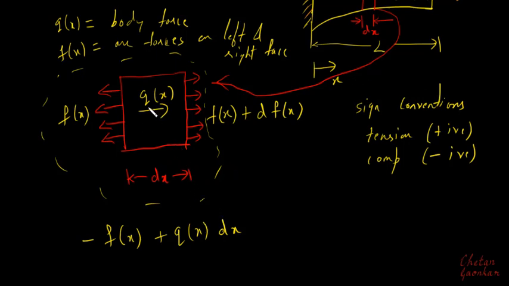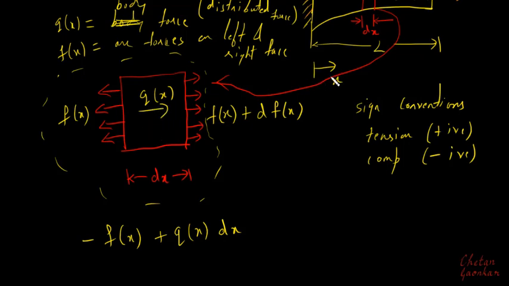Now, this was not the body force, well, we can call it a body force also, but more appropriately it is a distributed force. Fine. So minus f of x is this force because it is acting in the negative x direction, opposite to the x direction.